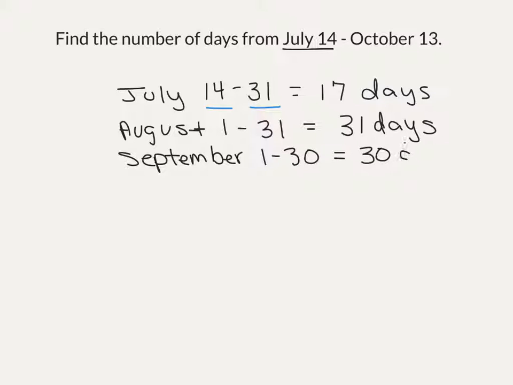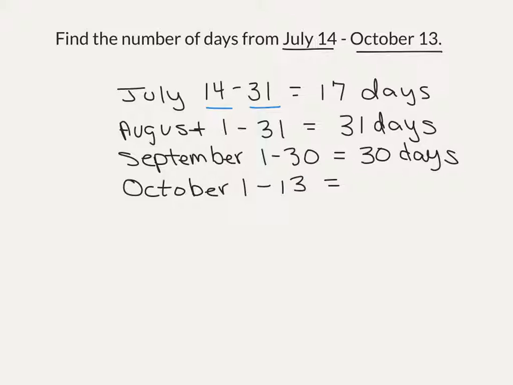So we'll count 30 days for that month. Lastly, we'll look at October. And my ending date is October 13th. So I'll go from October 1 to October 13th.